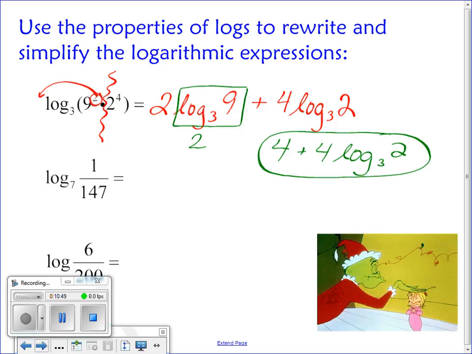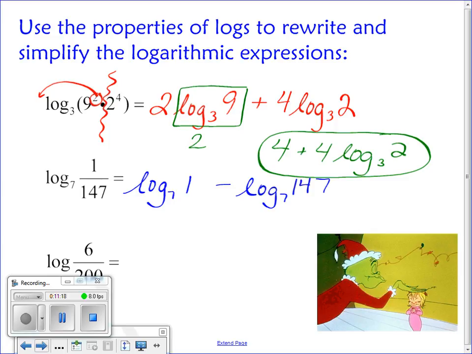All right. So log base 7 of 1 over 147. Good. Log base 7 of 1. Division makes you subtract log base 7 of 147. Yes.